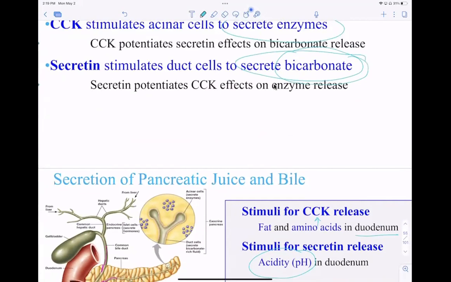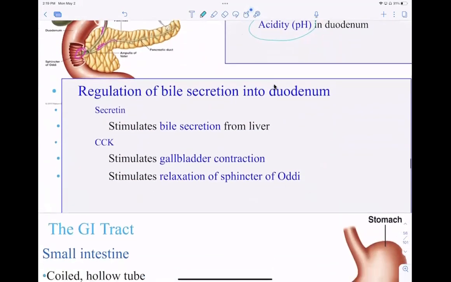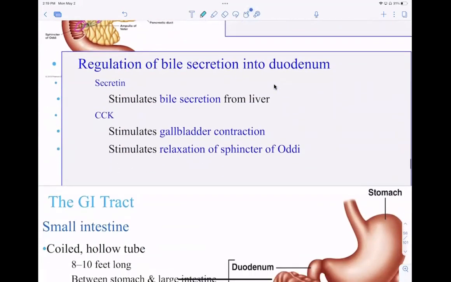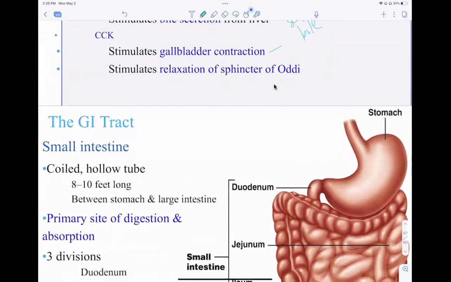So however much acid is entering, it's going to stimulate secretin to counteract that acid with the bicarb. CCK also stimulates the gallbladder and liver to secrete bile, and stimulates gallbladder contractions and relaxation of the sphincter of Oddi, so bile and pancreatic juices can go in.